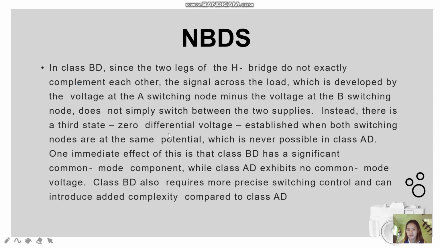One immediate effect of this is that class BD has significant common mode component, while class AD exhibits no common mode voltage. Class BD also requires more precise switching control and can introduce added complexity compared to class AD.